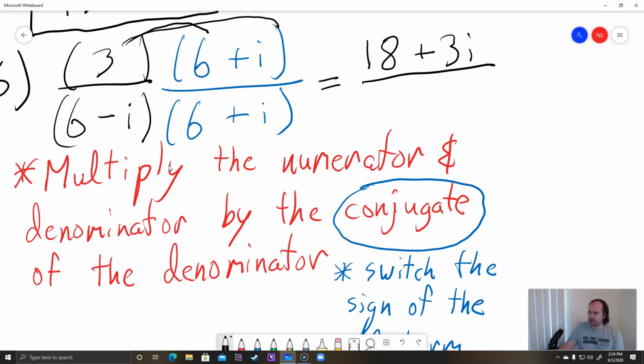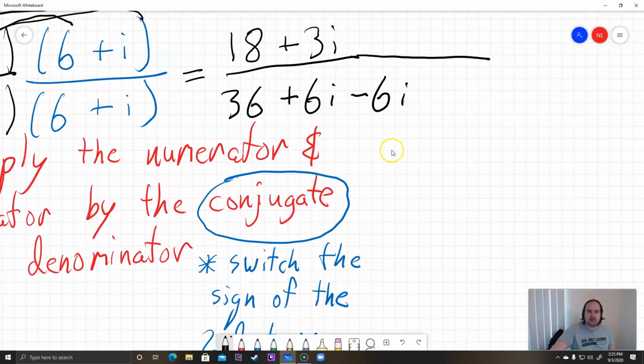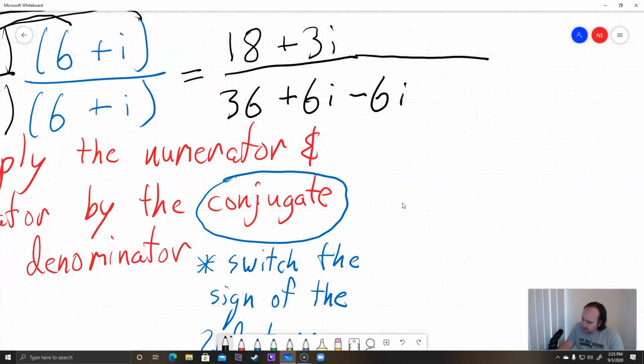On the bottom, using FOIL, 6 times 6 is 36. The outer is positive 6i. The inner is negative 6i. And the last is negative i times i, which is negative i squared.